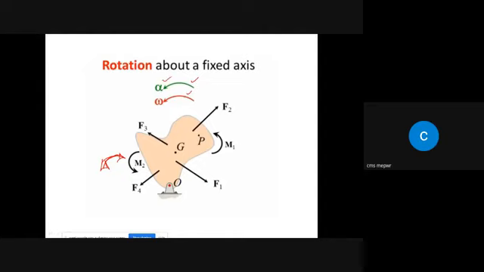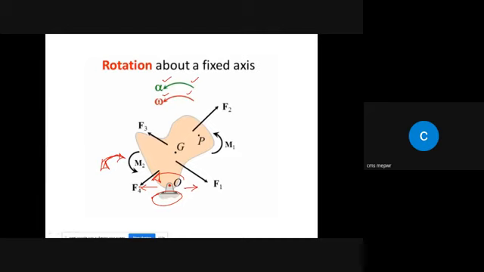This is the angular acceleration and this is the angular velocity, right? In this case there is no translation, because this link is fixed. This is a pinpoint, and this object cannot translate in this direction, this direction, or up and down. What it can do is rotate about this pinpoint.